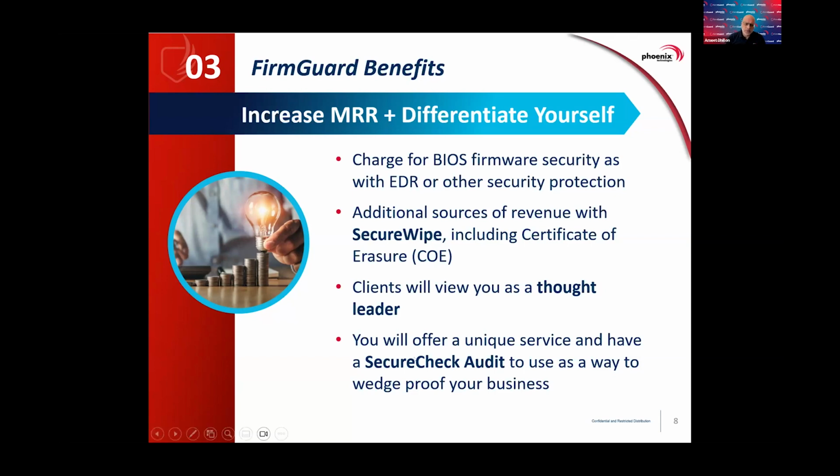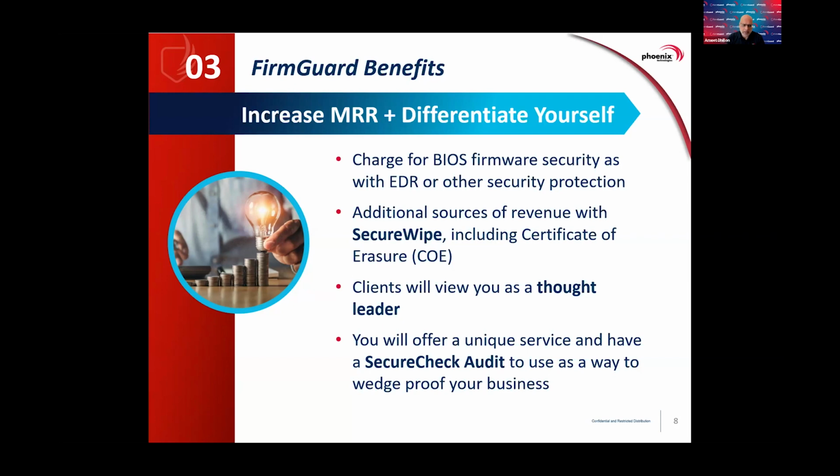And then I think this last bullet point is really relevant, particularly because we're talking about the Wedge. One of the key things that Ray iterated is a way to wedge-proof your business, and really even to go on the offensive, is to be able to differentiate yourself. Have something that your competitors do not have.